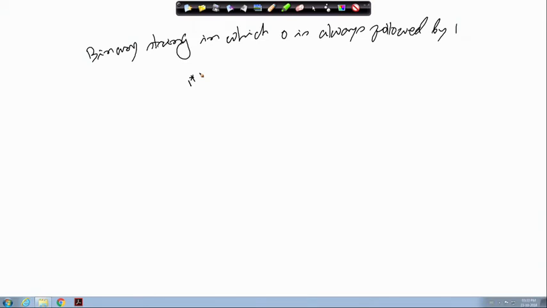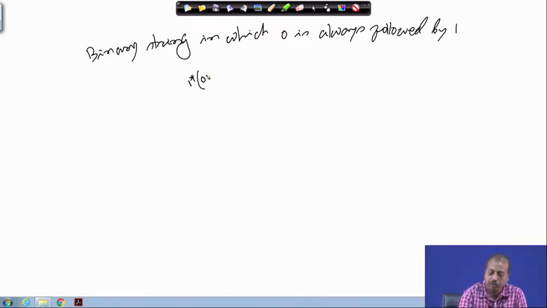But if there is a 0, then it has to be followed by a 1, and after that I can have any number of ones, not only a single one. So, whenever there is a 0, it is followed by at least a single one.